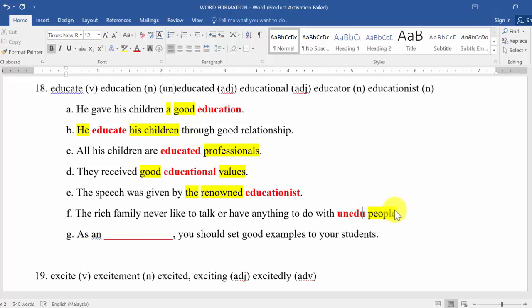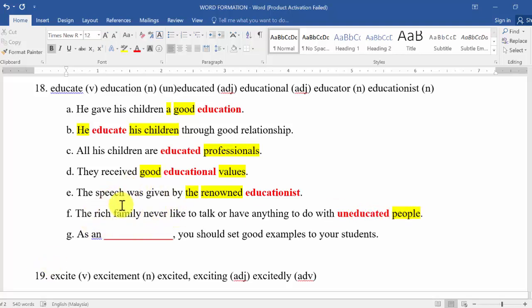Why uneducated? The rich family is very proud of themselves. They think they are very good, so they do not want to have anything to do with uneducated people: people who have never gone to school, people who have studied very little.